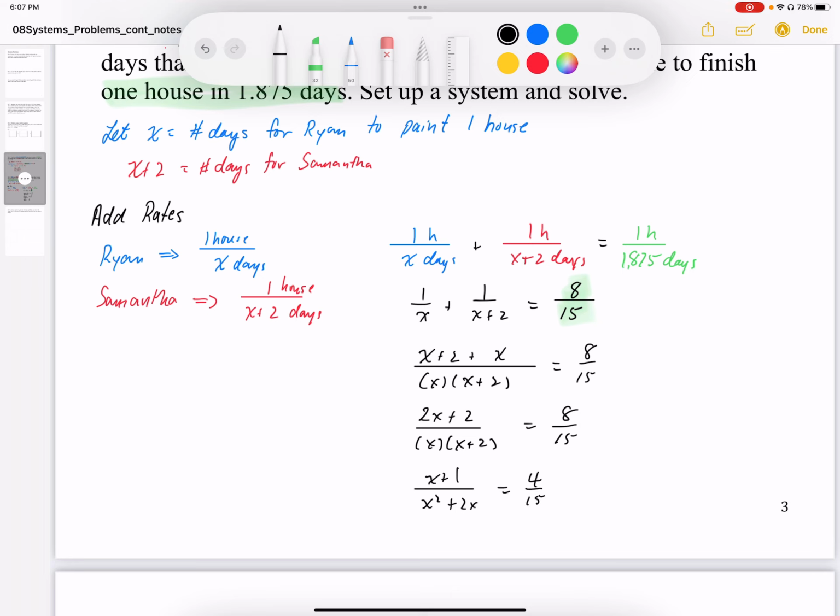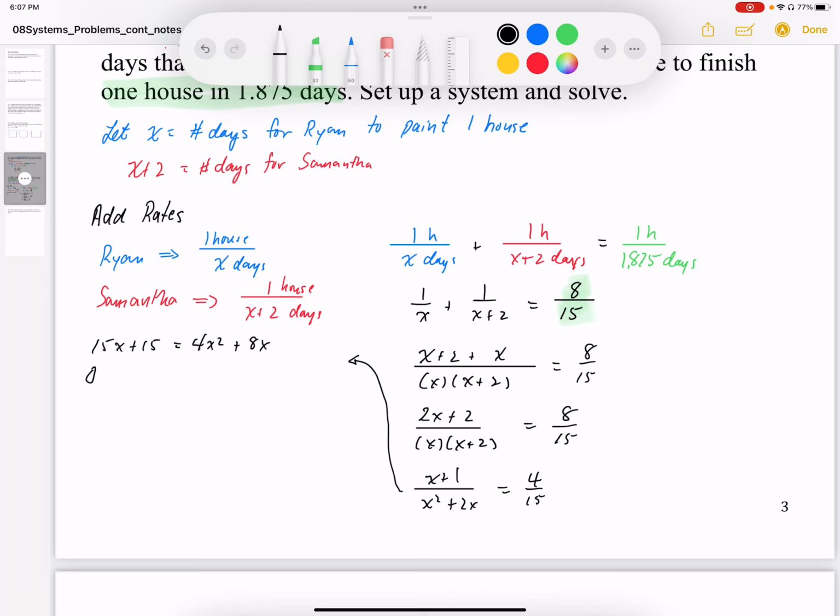Okay, so I just reduced the numerator by a factor of 2. Then I'm going to cross multiply this to get 15x plus 15 is equal to 4x squared plus 8x. So this is my equation for x.